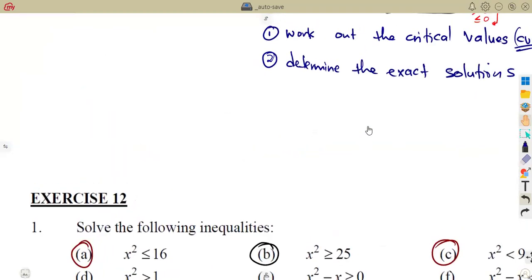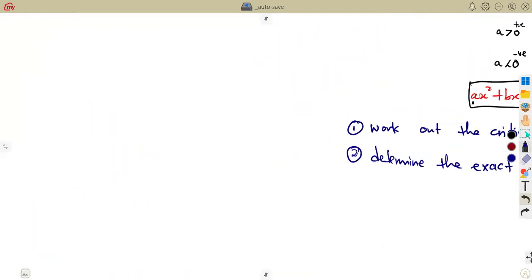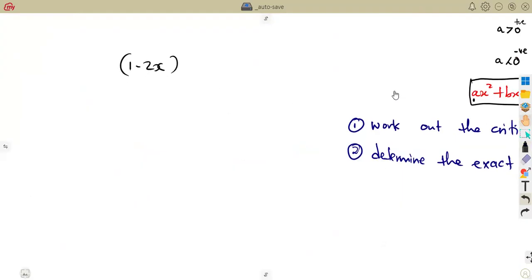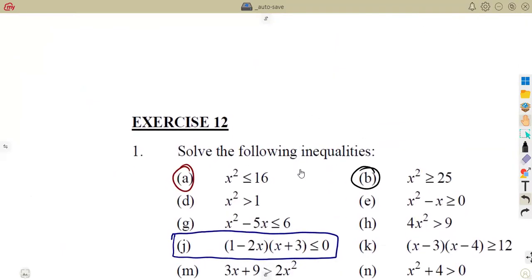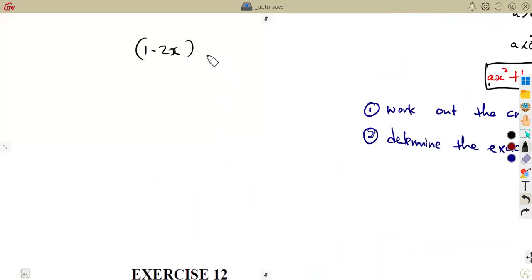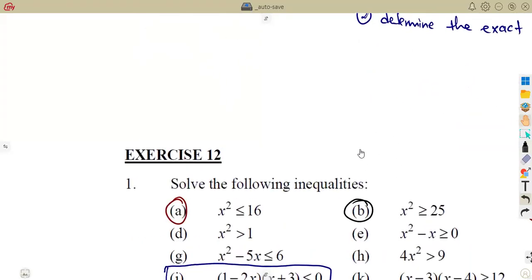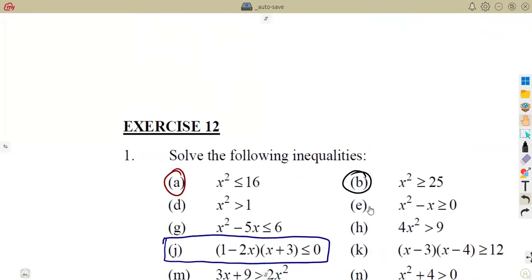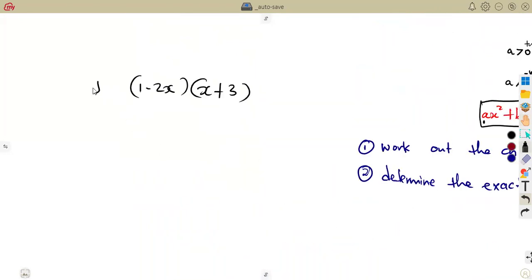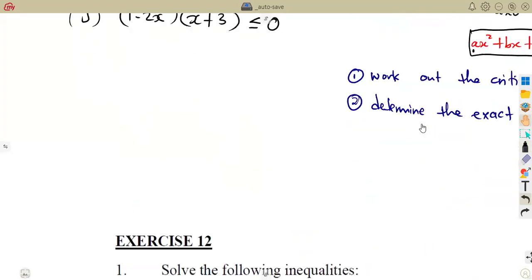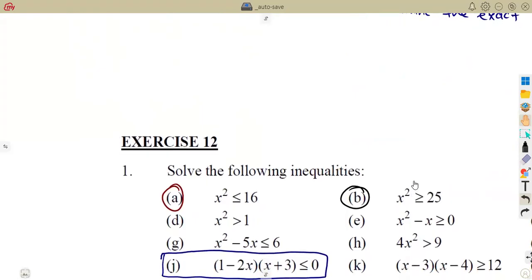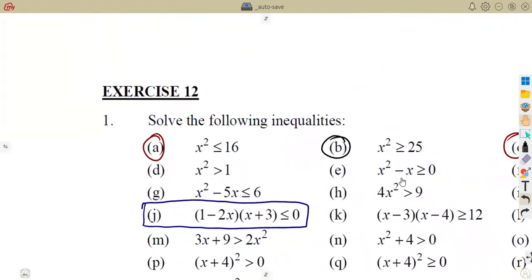So that was 1 minus 2x into x plus 3, into x plus 3. This is our question there, and they're saying it's less than or equal to 0. All right, so this is the part of J. I'm going to explain this one. I want you to understand this question because it has something that is different from other questions.